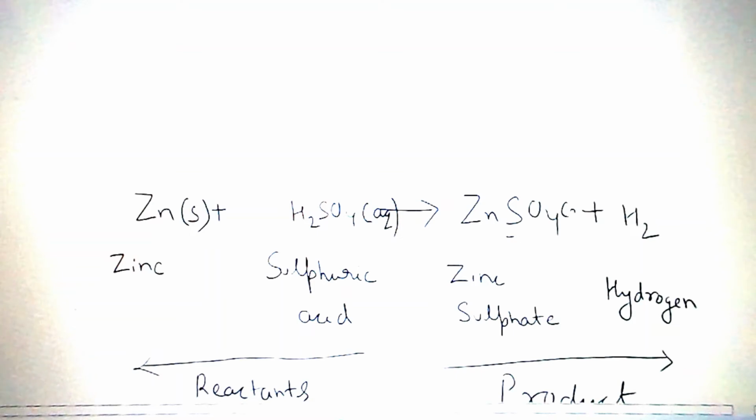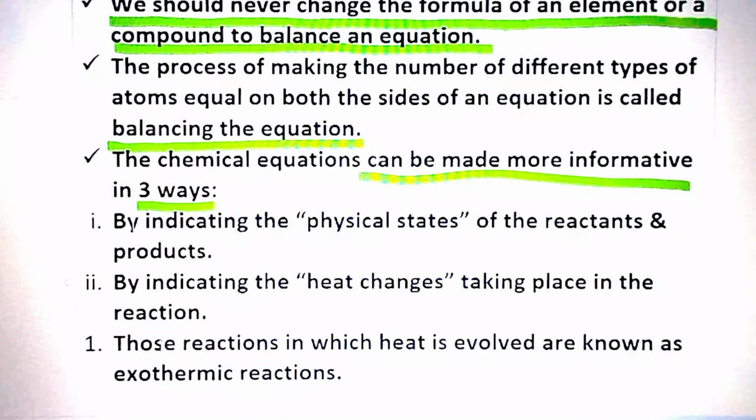ZnSO4 is aqueous. Short form of aqueous is aq and H2 is hydrogen, which is a gas. It also indicates the heat changes taking place in the reaction.